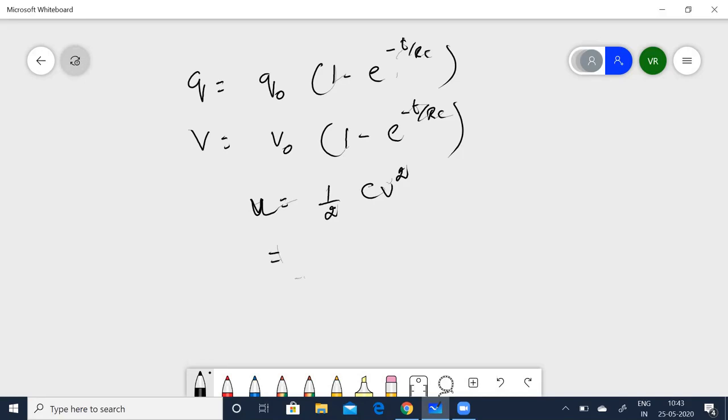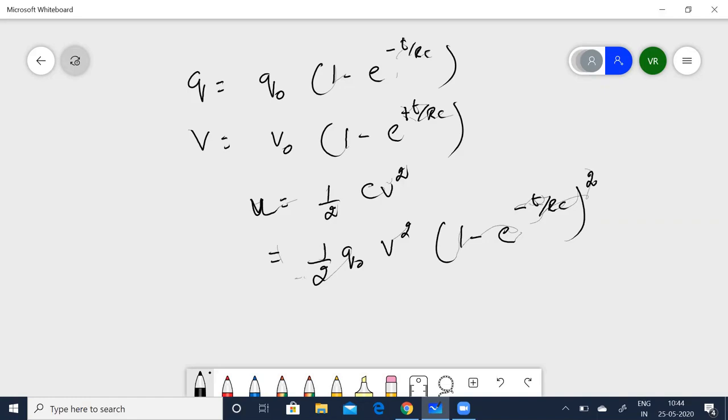Substituting, that gives half Q0 V0 into 1 minus e to the power of minus t by RC, the whole square.